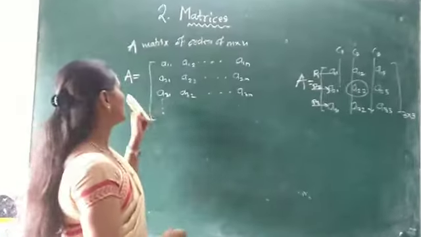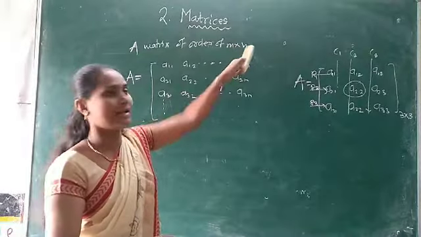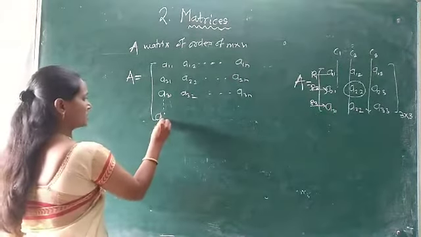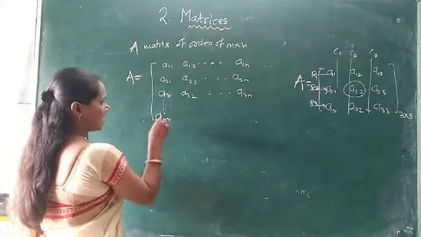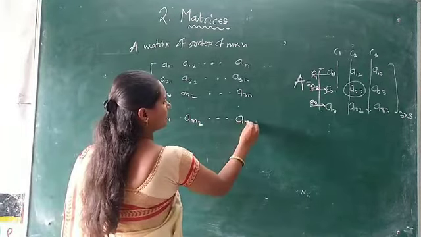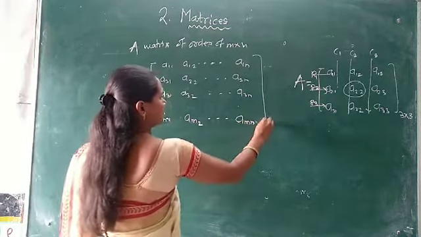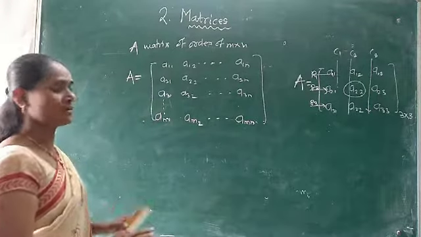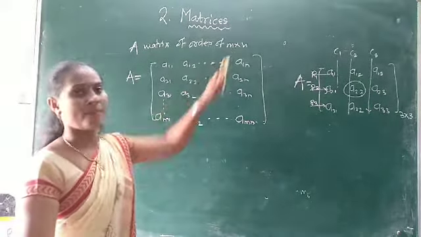That means this matrix has m rows and n columns. The last row we can write as Am1, Am2 and so on up to Amn. This is a general matrix of order m by n.